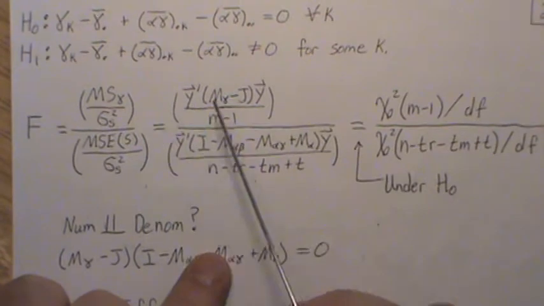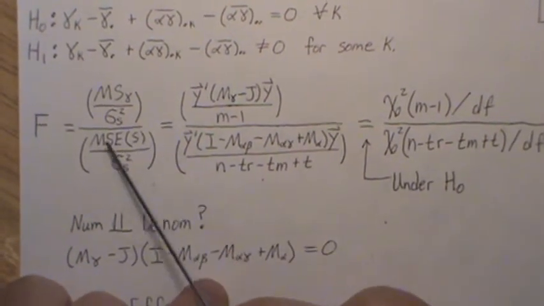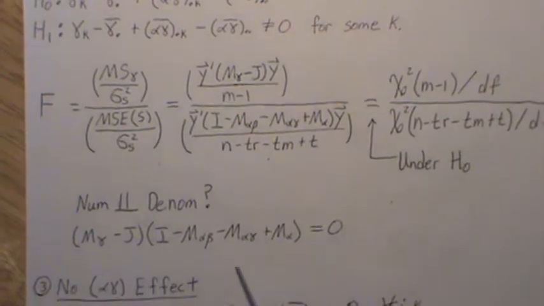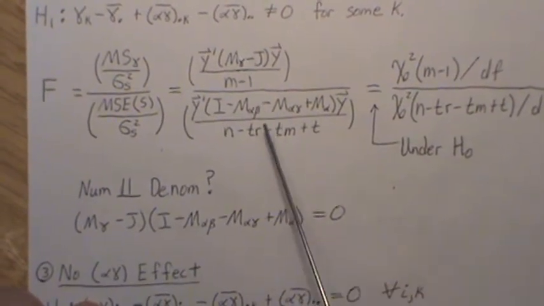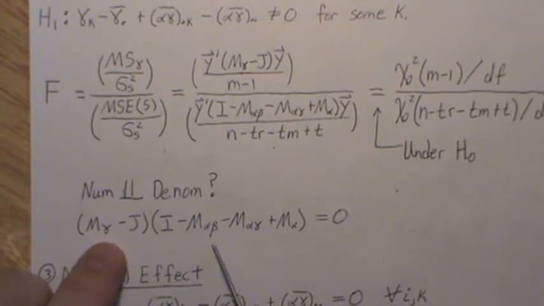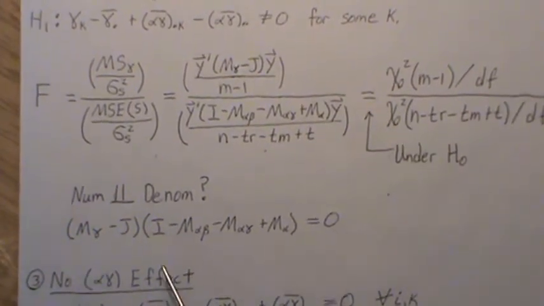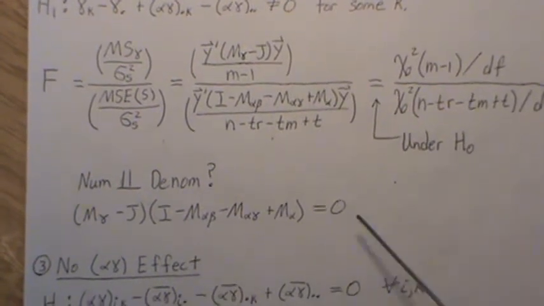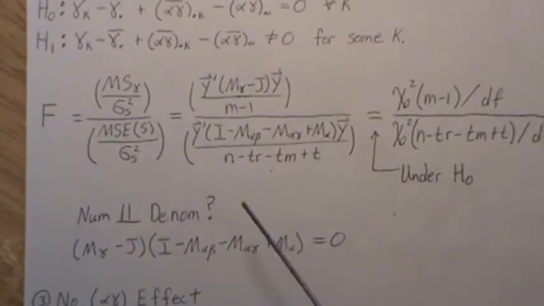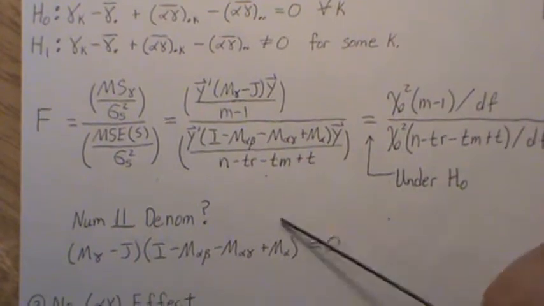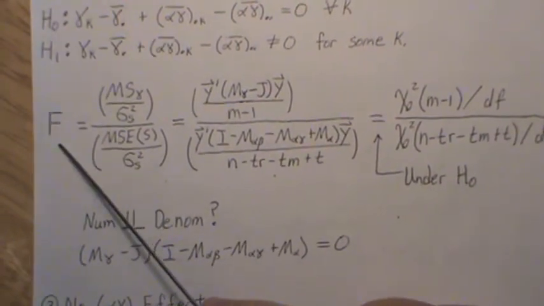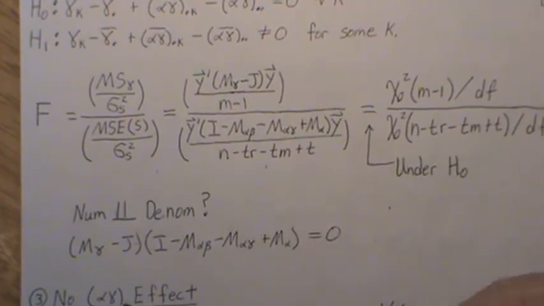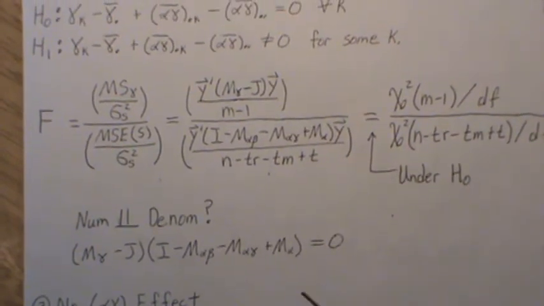To show that numerator and denominator are independent, we show that the product of those matrices is 0, and it is. If you do the math, FOILing it out, you'll show that it's 0. And the crazy thing is, these matrix multiplications are exactly what we're going to see when we do the R illustration. They're 100% the same.